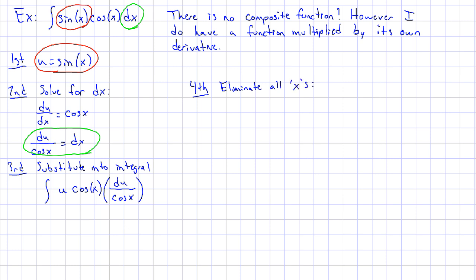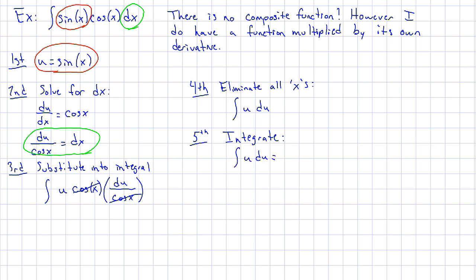My cosines cancel, and I end up with the integral of u du. What could be simpler in terms of integrating a function? That is a very simple function. So then I integrate the antiderivative of u du.